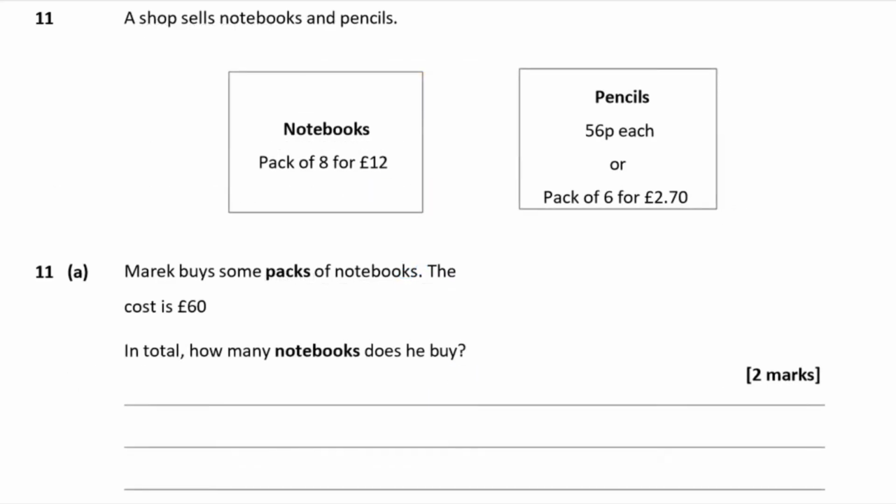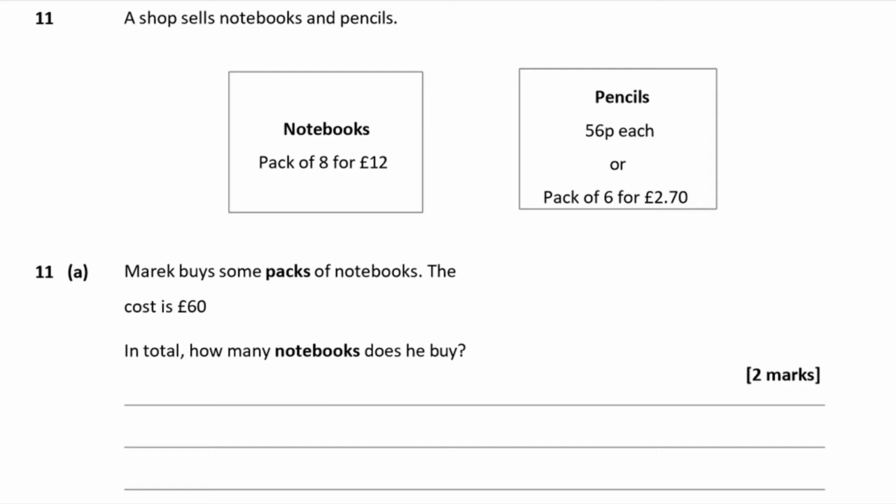Question 11. A shop sells notebooks and pencils. Notebooks come in packs of 8 and they're for £12. Pencils are 56p each, or you can get a pack of 6 for £2.70. Marek buys some packs of notebooks. The cost is £60. In total, how many notebooks does he buy?